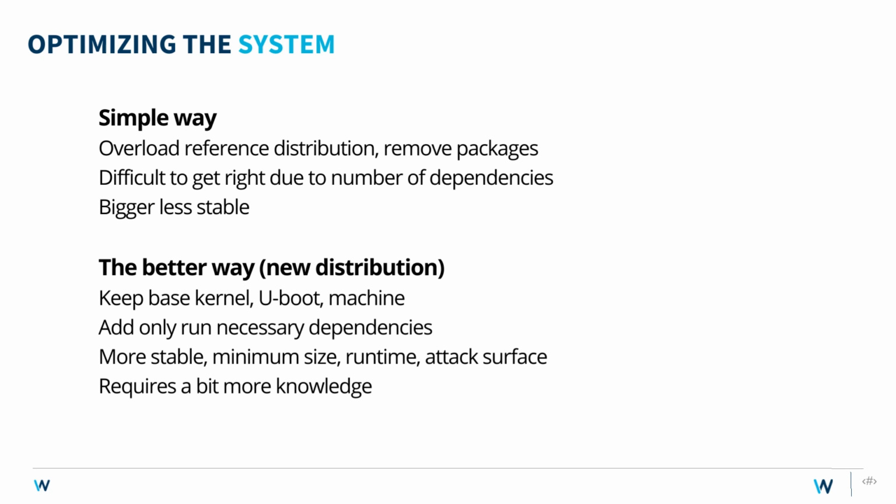But now you're adding components instead of removing them, which means that you have a much smaller attack surface, much smaller size of your BSP, more stable because you're not removing things and trying to see if that works, but just adding, and Yocto will just add the minimum dependencies to meet that need. Requires a bit more knowledge, it's a bit more, I guess, scary is a strong word, maybe daunting, but it's the way to have the best distribution, the Yocto distribution that you will want for your platform.